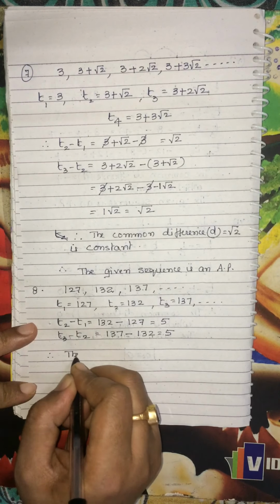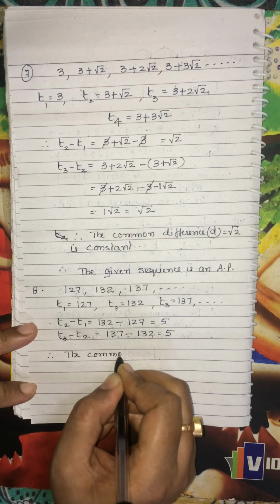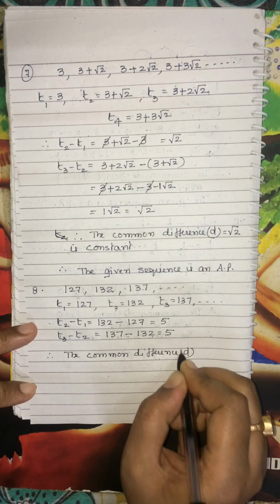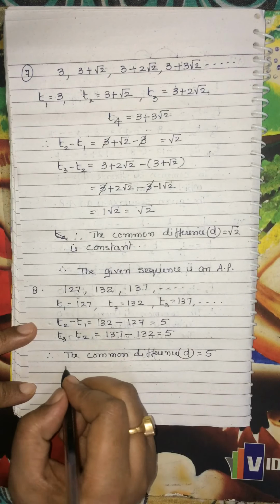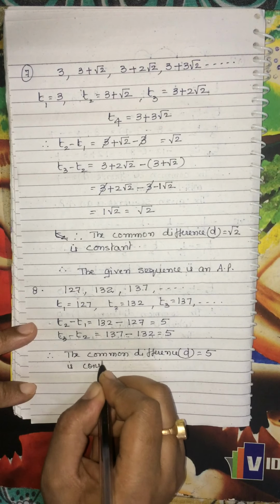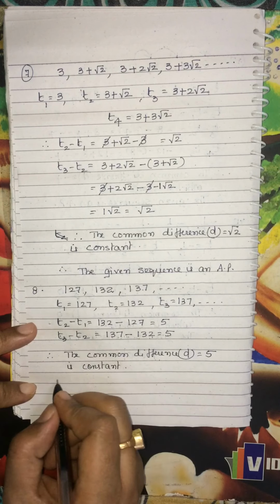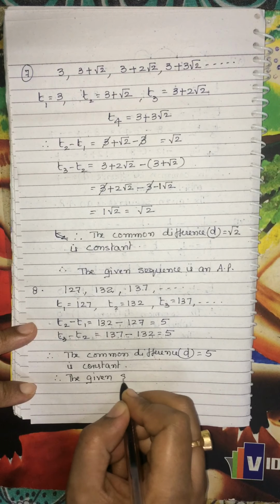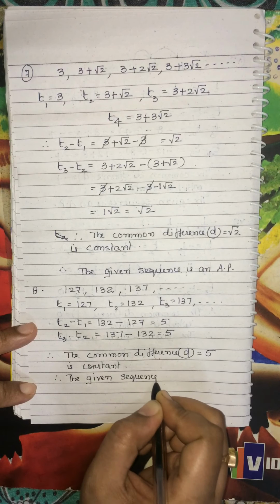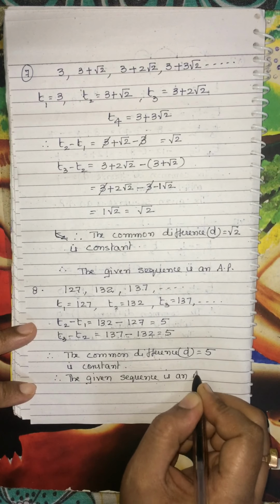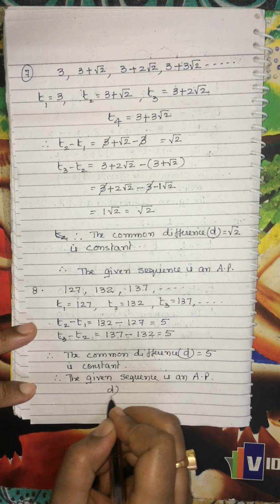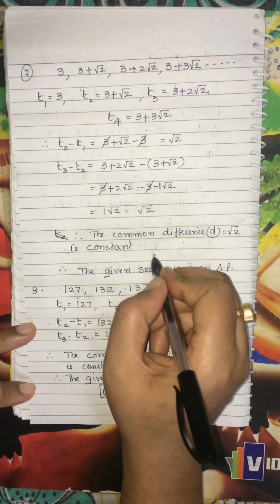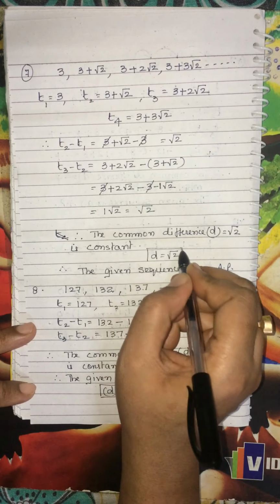Therefore, the common difference D is equal to 5, which is constant. Therefore, you have to write the final answer. The given sequence is an AP where the common difference D is 5. Here also you have to write, children, the common difference D is root 2.